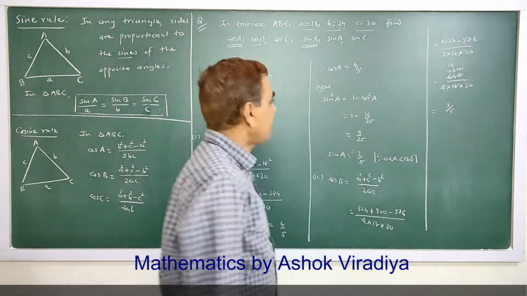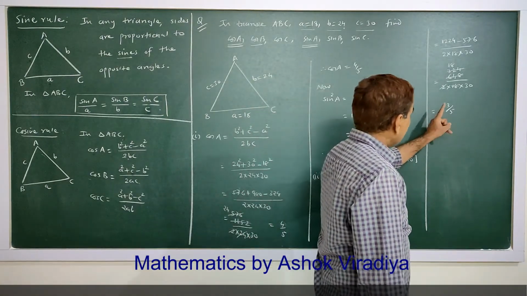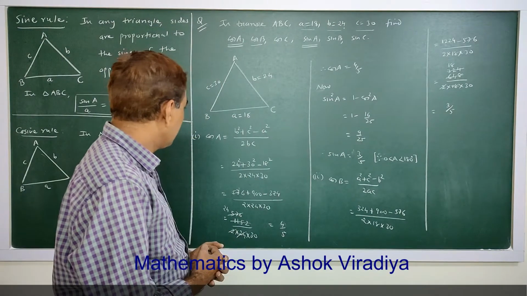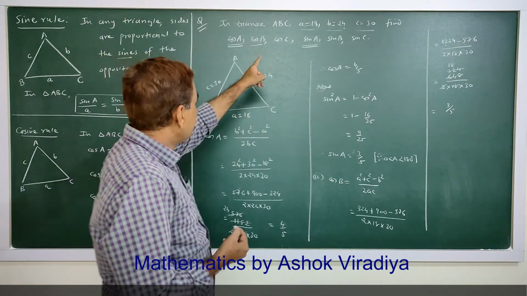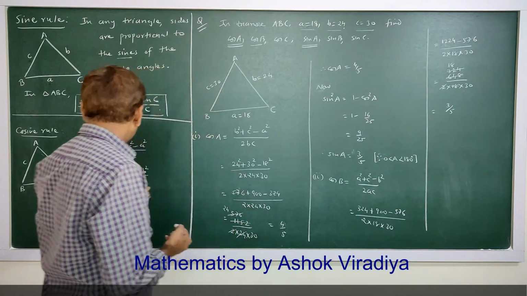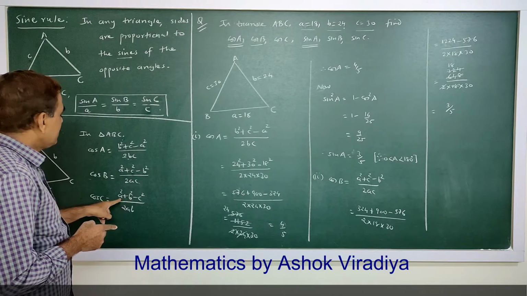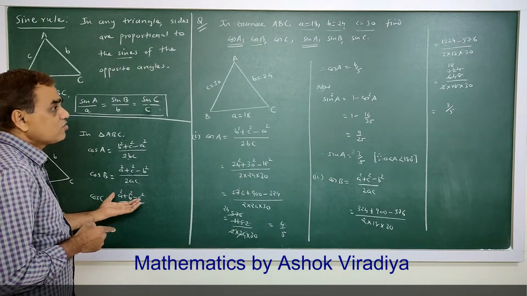So this is 3 by 5. Cos B is 3 by 5. This can be negative. Here cos A is positive, cos B is positive. If you find cos C using this formula, A square 324, 576, I think cos C can be negative.